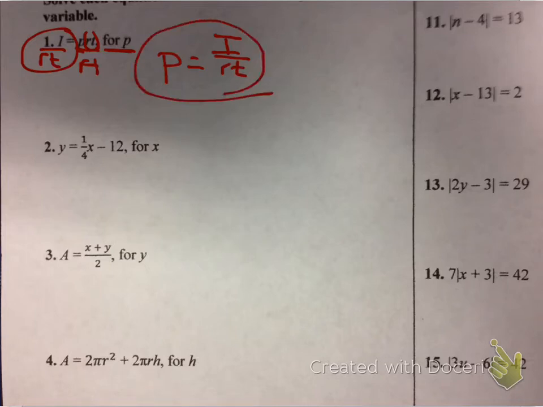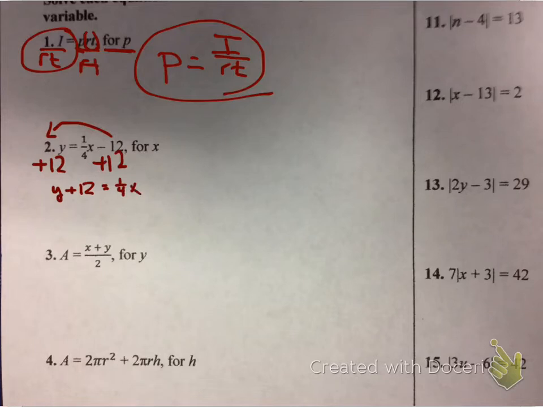Okay, so here I want to solve for x, which means I want to isolate the x. This minus 12 needs to move over to the y, and then I need to take care of that 1/4. What is the opposite of a minus 12? Plus 12. So now I have y plus 12 is equal to 1/4 x.